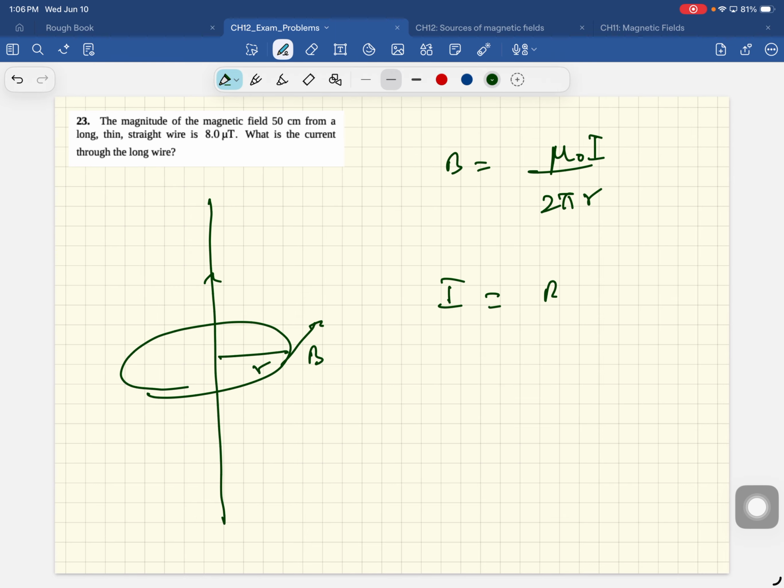Let's calculate that. The current is 20 amp.